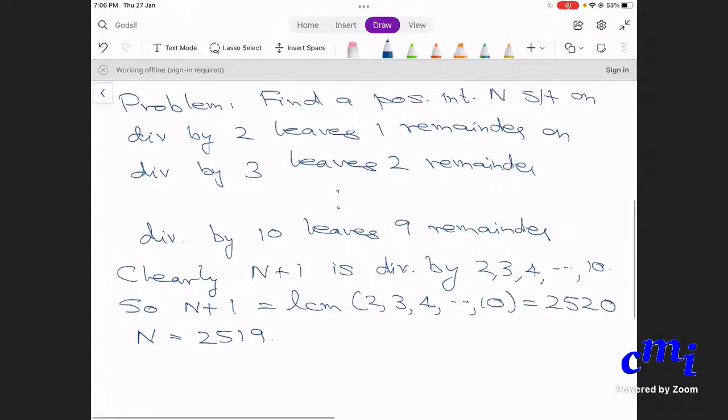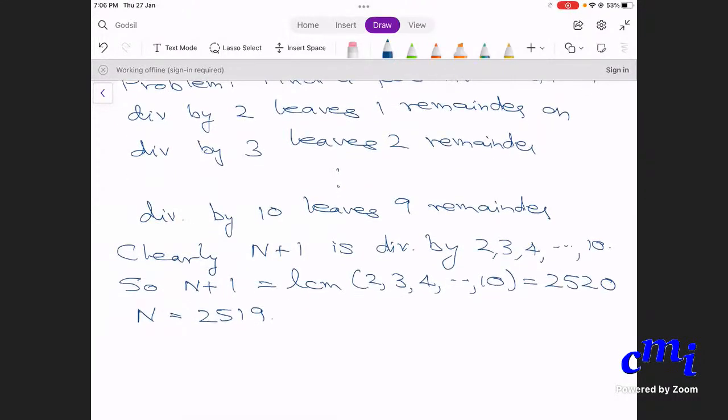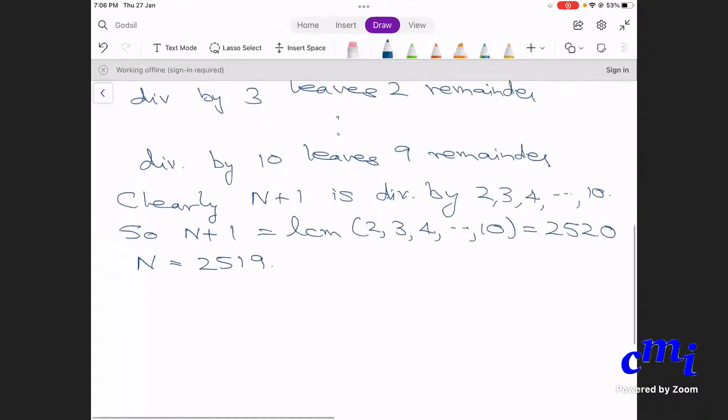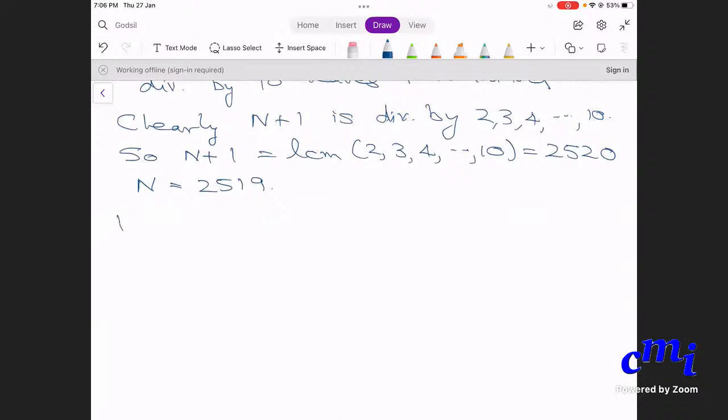But this was a very special problem because the remainders had a certain pattern. What do we do when there is no such pattern in the remainder? Rather than dealing with 10 of them, let me just start with 2. So let's consider the following problem.